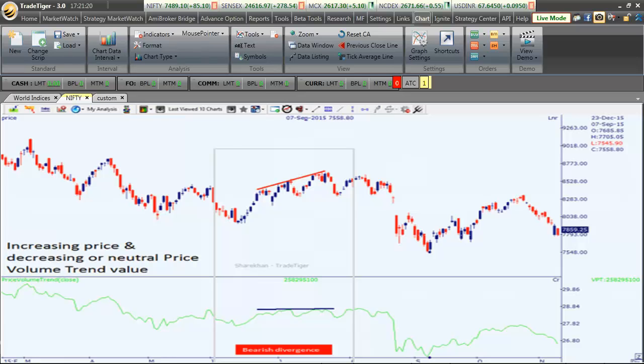Hence, we can expect prices to change their trend and change direction to the downside, and that is exactly what we noticed, as PVT indicated. So this is as we discussed with the on-balance volume. With this indicator as well, we look out for the divergences to make timely entries into the markets.